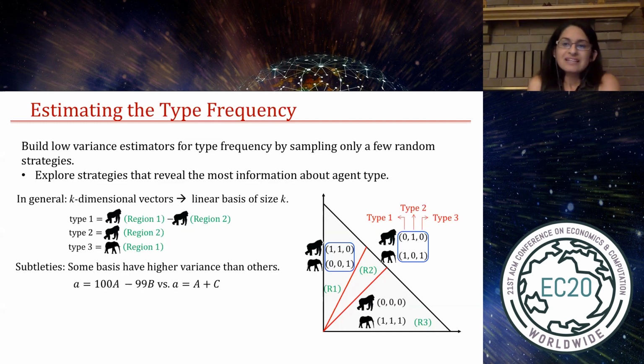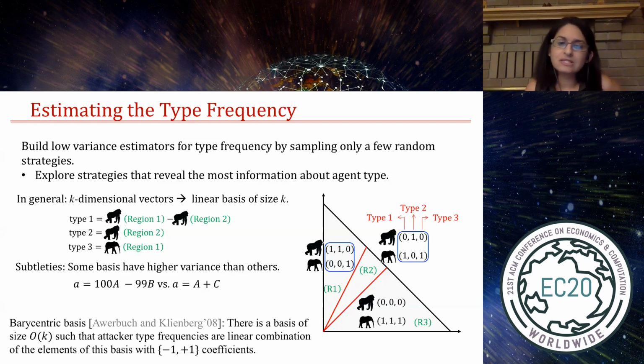Okay, now not every basis is made equally. Some bases will actually have much higher variance. So if I have a basis that takes 100 times one of them minus 99 times the other one, that could have a lot of variance. But if it's just one of them plus another one, that's going to have a much smaller variance because I didn't blow it up.